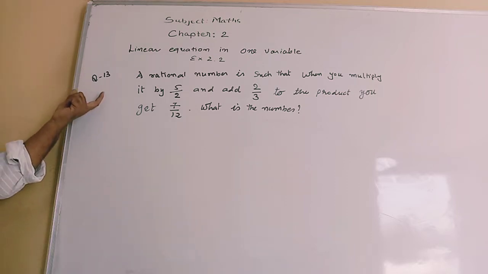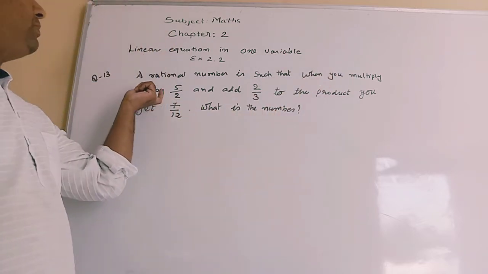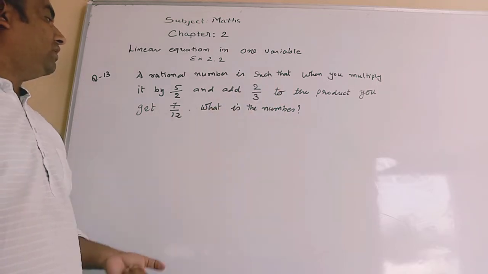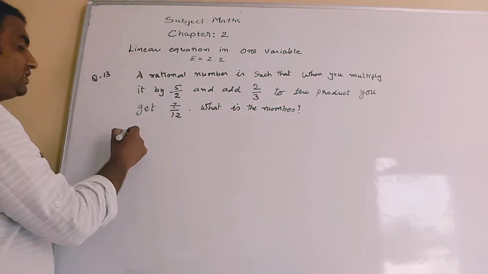We are given question number 13. A rational number is such that when you multiply it by 5 by 2 and add 2 by 3 to the product, we get 7 by 12. So we don't know which rational number is there.